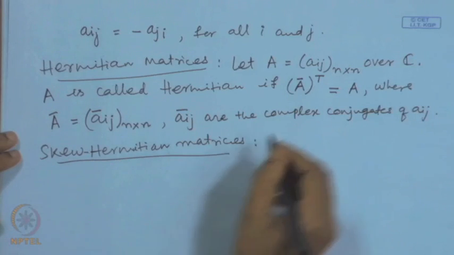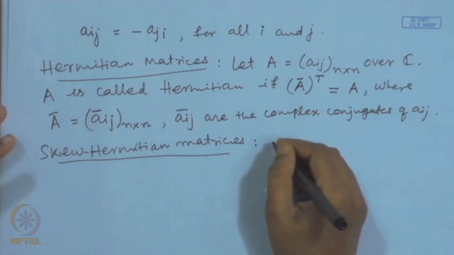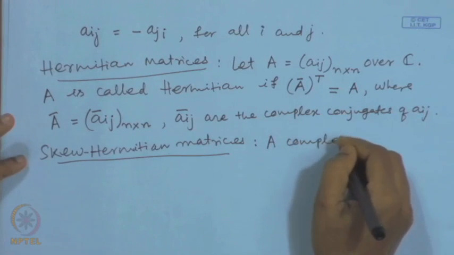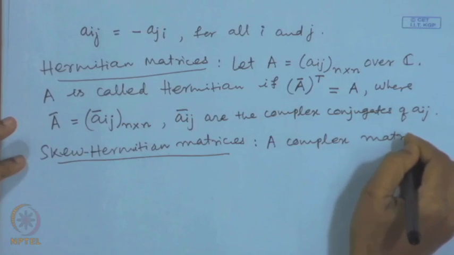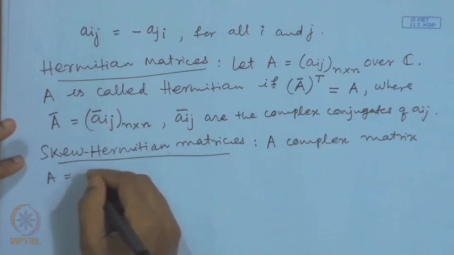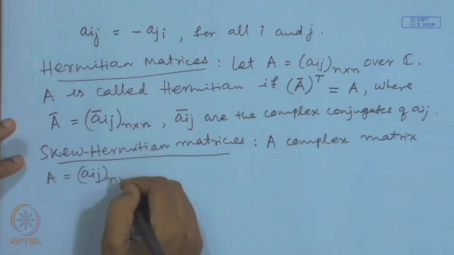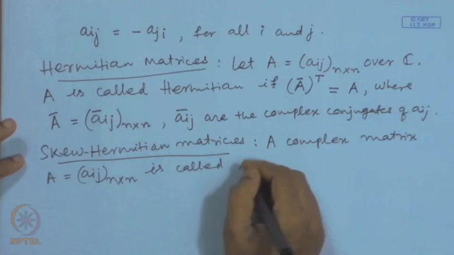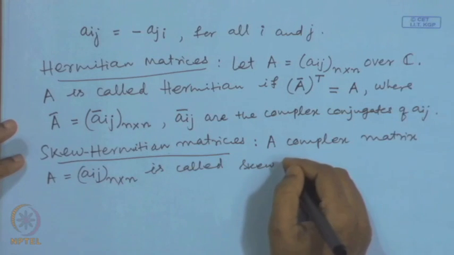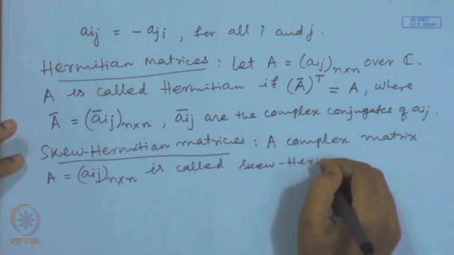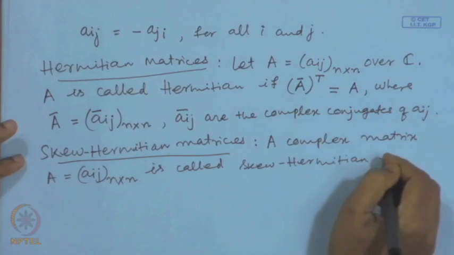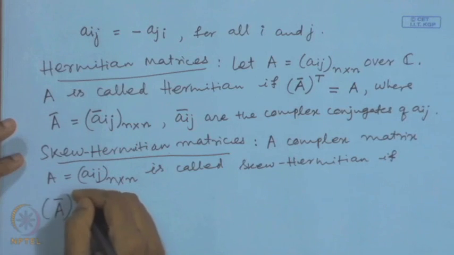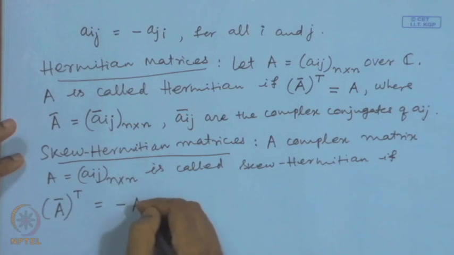So, we say again a complex matrix A with entries Aij, of course a square matrix, is called skew Hermitian if A conjugate transpose is equal to minus A.